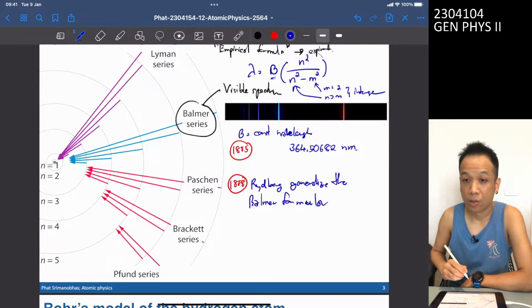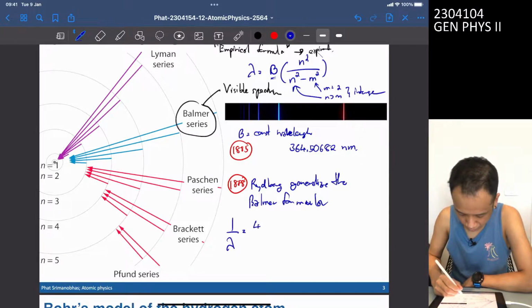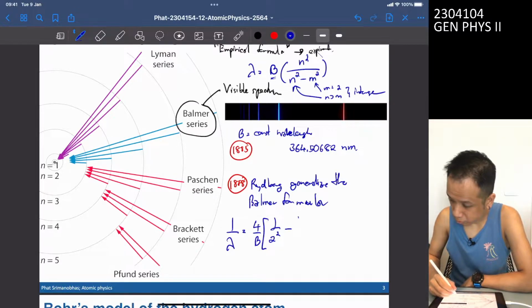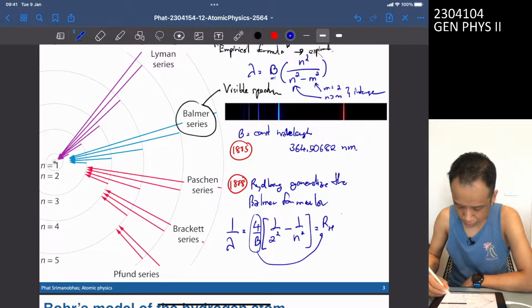What he proposed is 1 over lambda equals 4 over b times (1 over 2 squared minus 1 over n squared). And this 4 over b, we call the Rydberg constant.